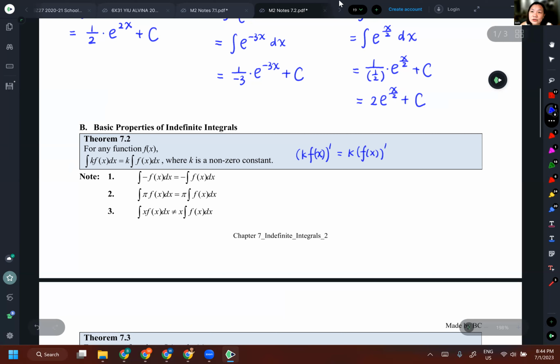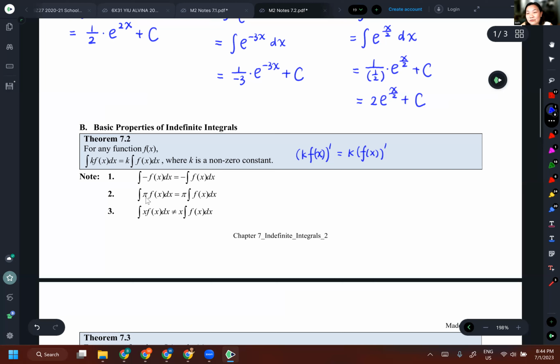Therefore, in integration, you can also take out k. It should not matter whether you multiply k before integration or after integration. So that's why here, if you have -1 times f, it can equal negative integration of f. You can take out -1.